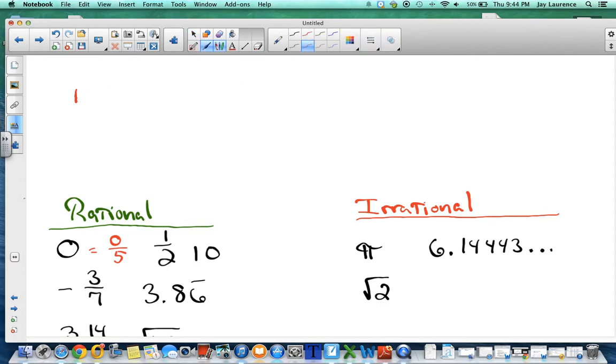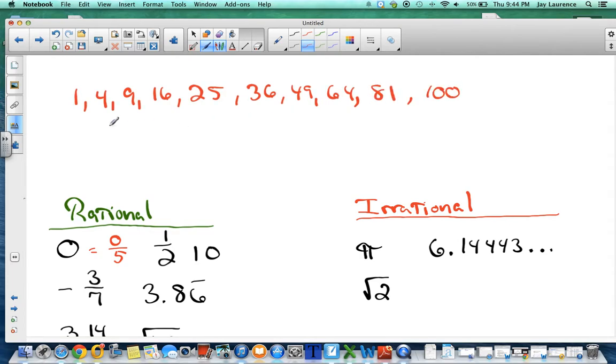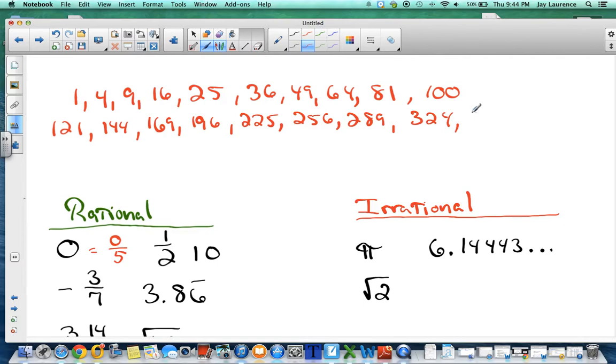If you're wondering, the perfect squares are 1, 4, 9, 16, 25, 36, 49, 64, 81, 100, 121, 144, 169, 196, 225, 256, 289, 324, 361, and 20 squared is 400.